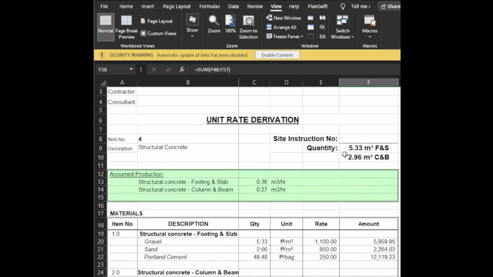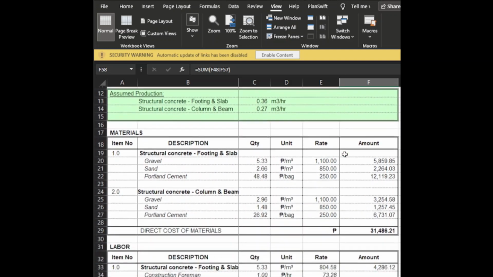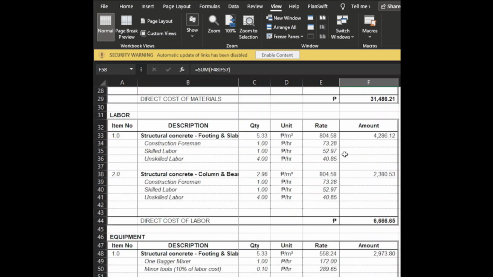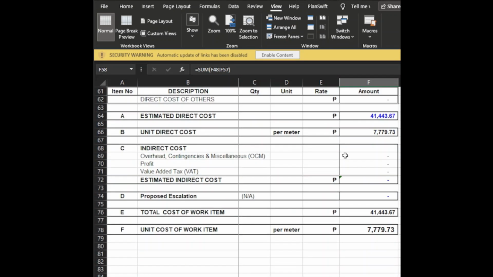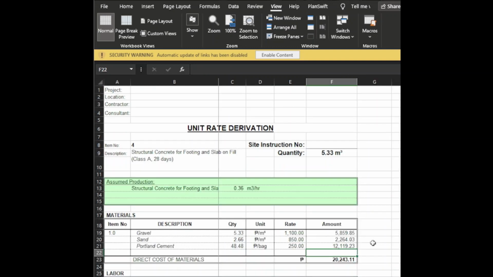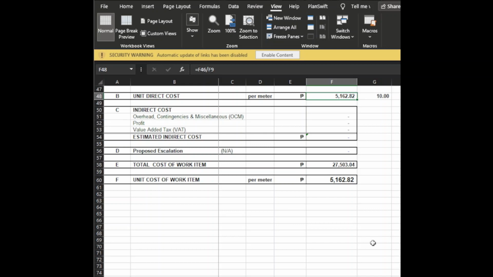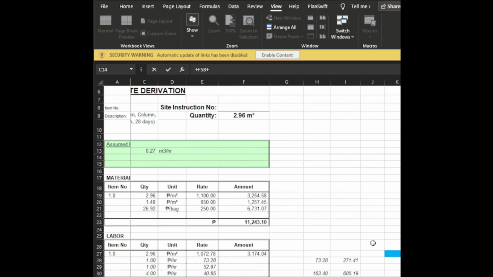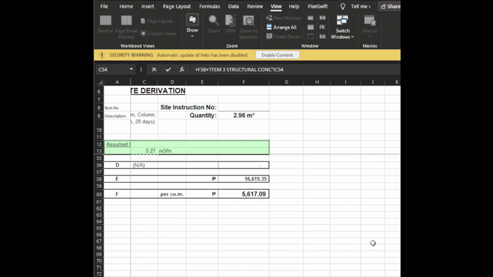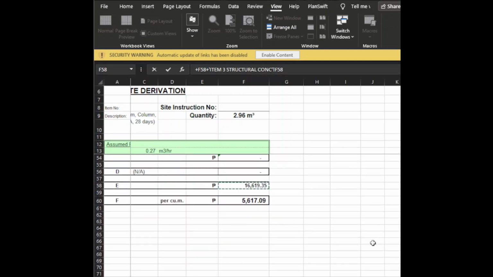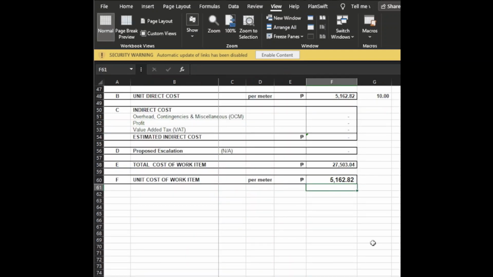if we have different items in one page. So the total is 41,443. If we check the previous discussion that we had, if we add 27 plus the total of these 16,000, the total is 44,122.